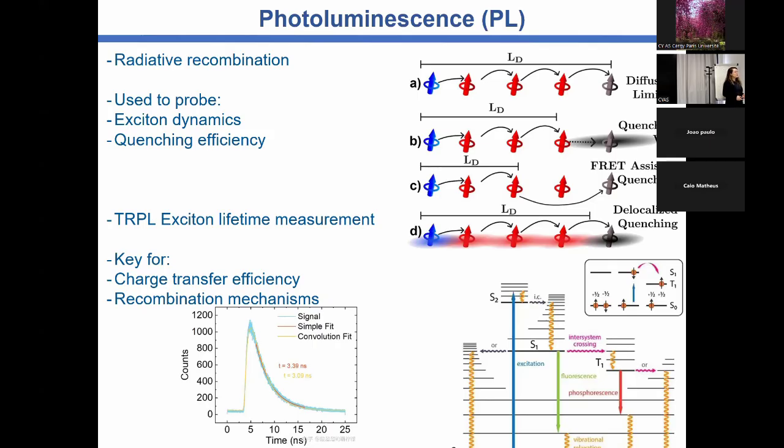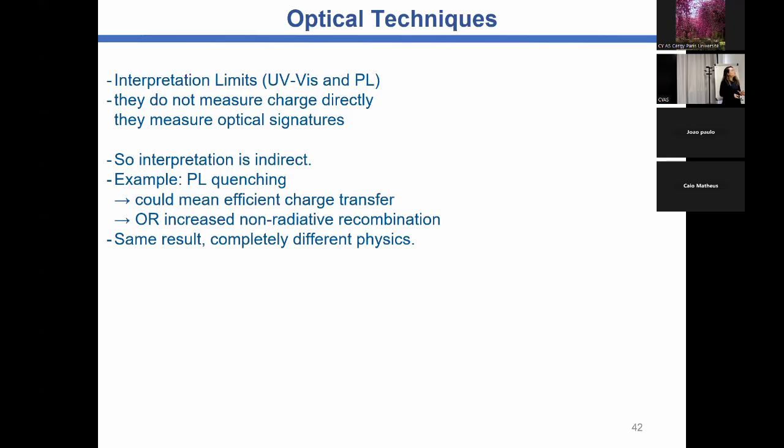So we analyze the intensity as a function of time, and if you have, for instance, nanosecond or picosecond, you are dealing with singlet states, or if you have a millisecond or second, you deal with triplets. So there is a lot of information behind photoluminescence. You just need to focus on the discussion and then interpret the physics behind the photoluminescence.